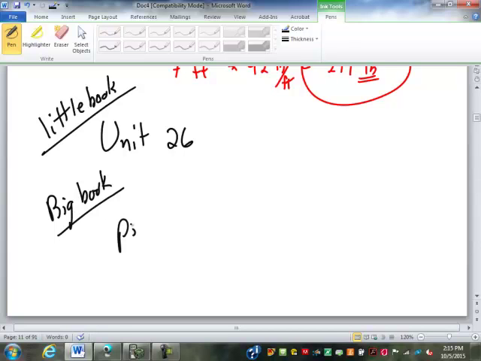On page 251, it's exercise 8-7. And on page 252, it is exercise 8-8. So I'll give you a second to write that down. And I'll give you the last few minutes for your homework.